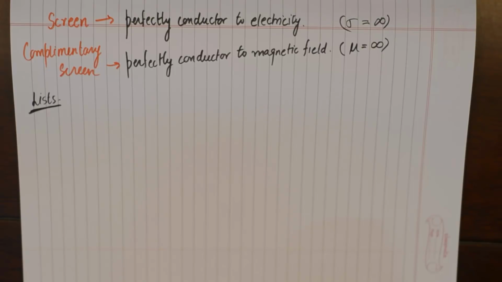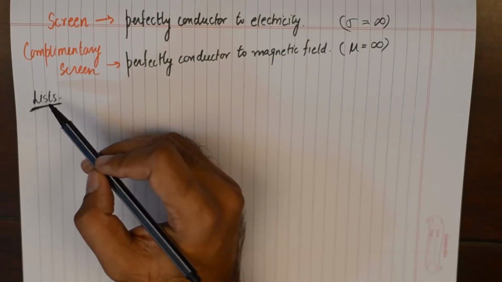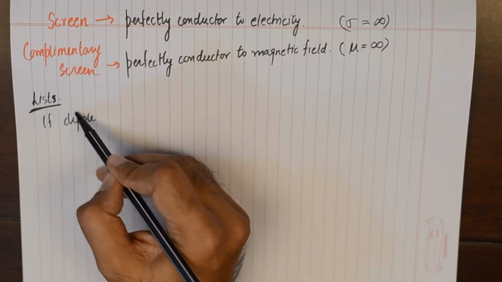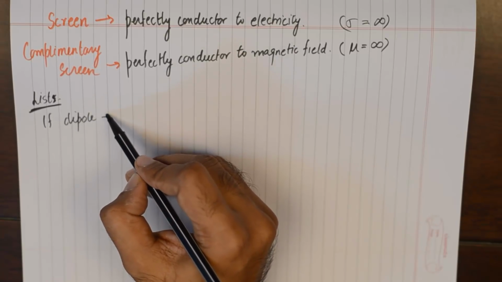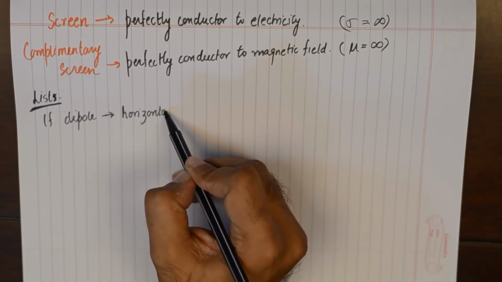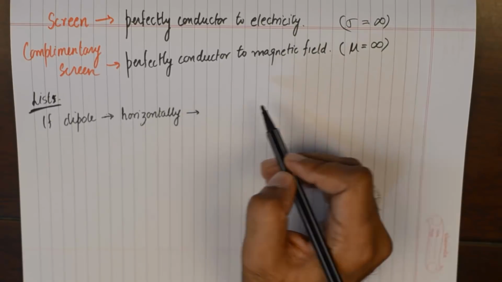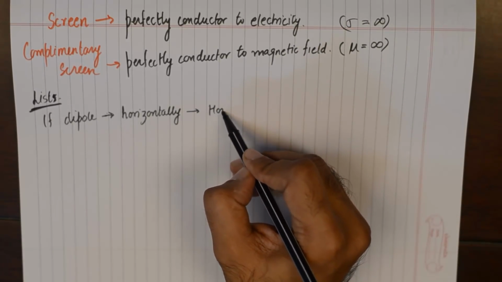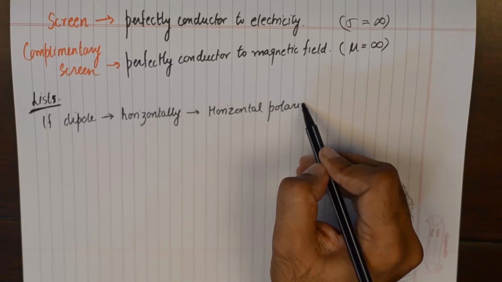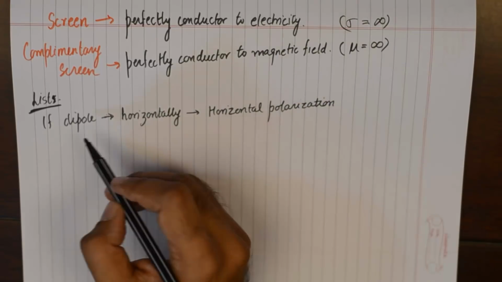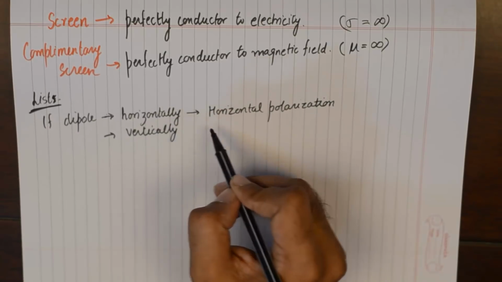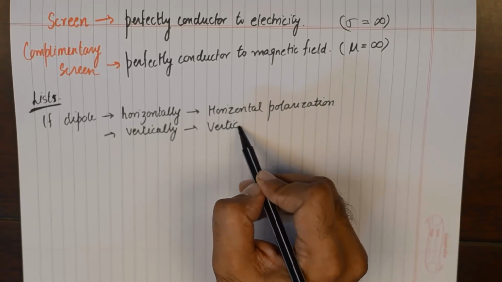Now, according to this principle, if a dipole is placed horizontally, it will have a horizontal polarization. And if the dipole is placed vertically, it will have a vertical polarization.